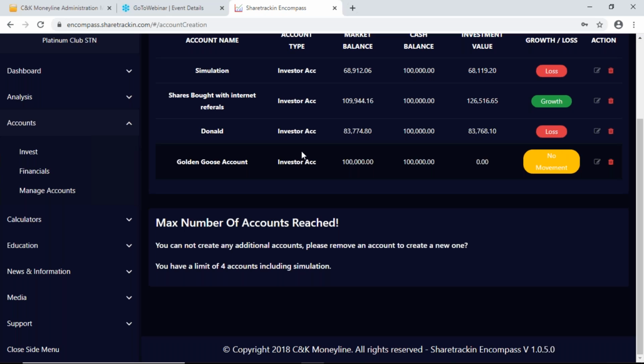And you select the day. So if I open the account right now, I would select today's date. If I open the account tomorrow, I would select tomorrow's date. You select the date and you say create, and it creates the account for you.